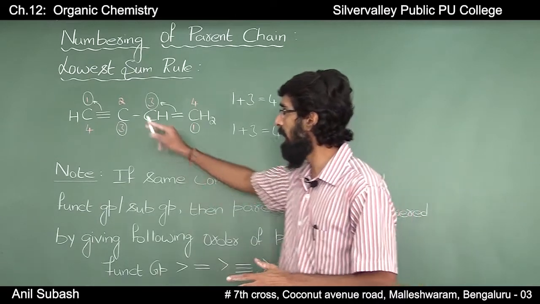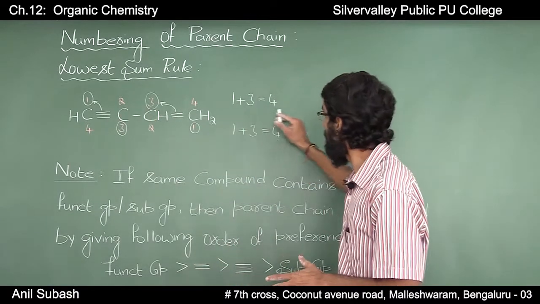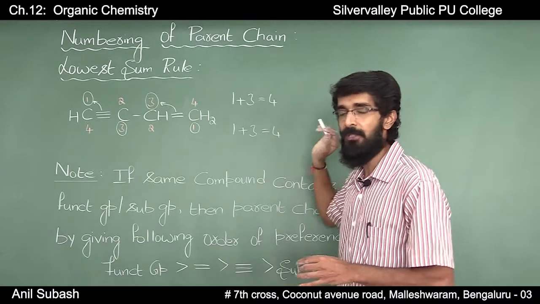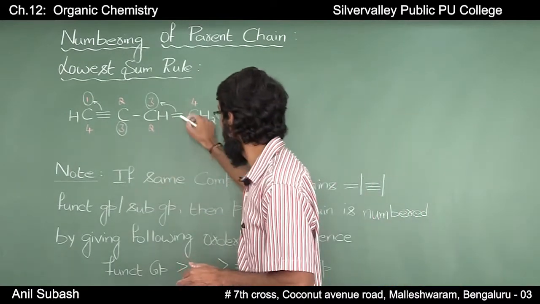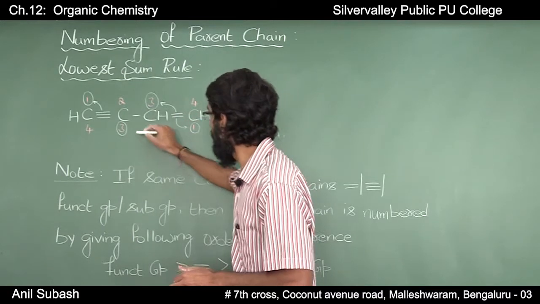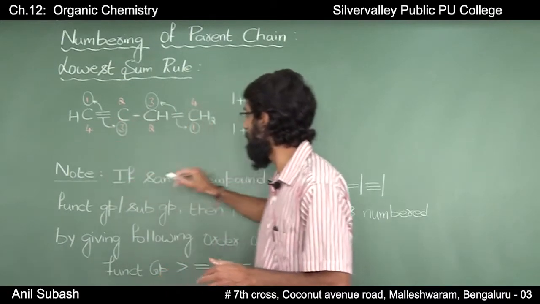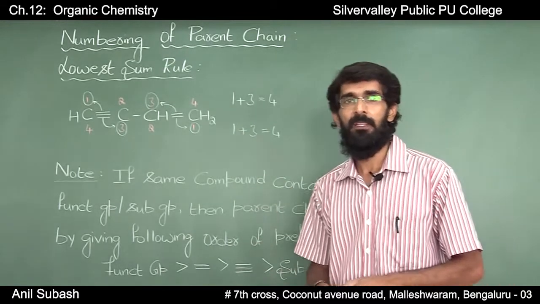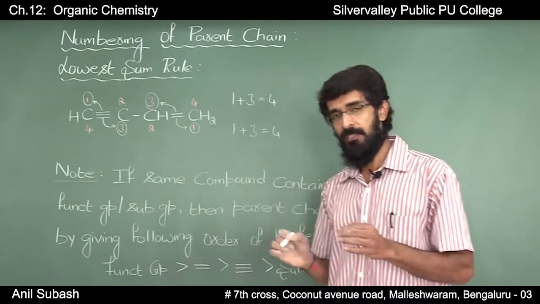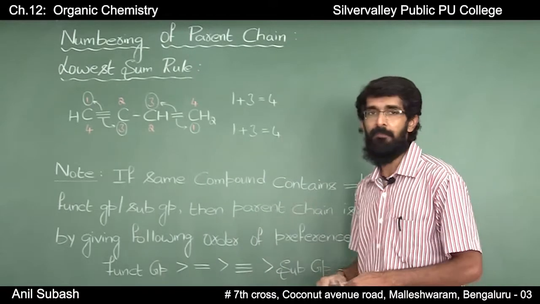Therefore, the locants are 1 and 3, the sum of which gives 4. And if I number it from the right hand side, the locants are 1 and 3, the sum of which again gives 4. So, which is the right way of numbering?